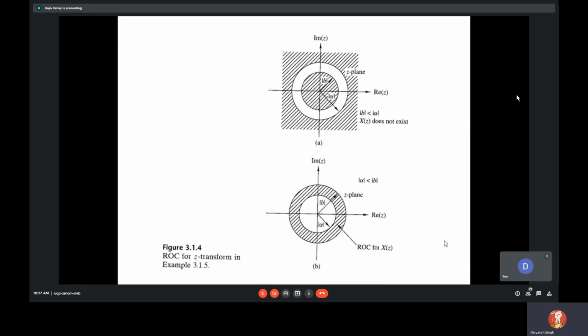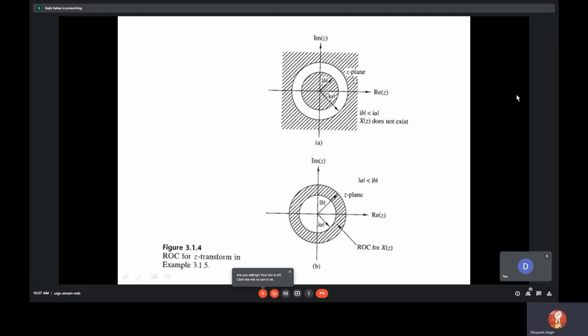Okay. So this is the picture for the first case where mod alpha is greater than mod beta. So the causal part has an exponent which is of higher magnitude compared to the anti-causal part.